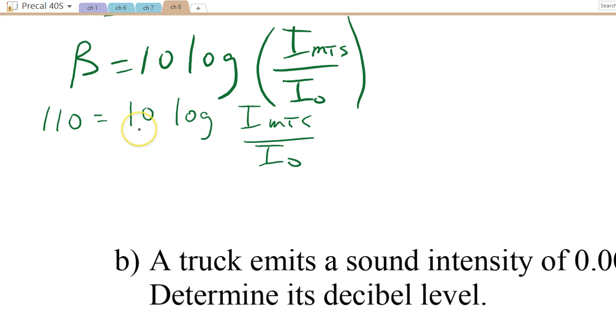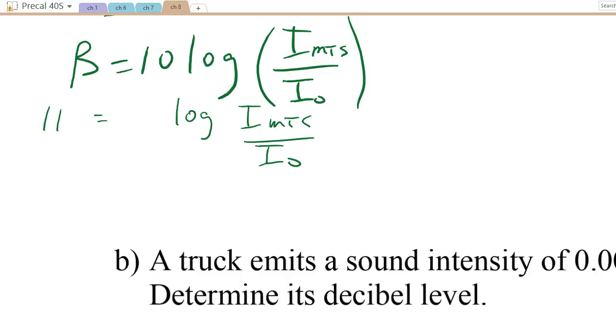Just like before with pH, where I had a negative to get rid of, now I have a 10 here I need to get rid of. So I'm going to divide both sides by 10. After I divide both sides by 10, I get 11.